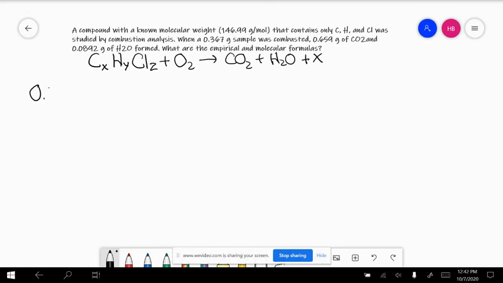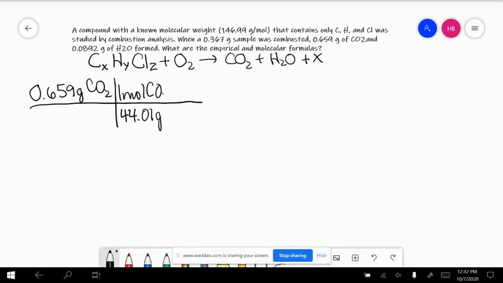We're going to say 0.659 grams of carbon dioxide. Using the molar mass, I'm going to change it to moles of carbon dioxide. And then I'm going to pull the carbon out of there, pull the oxygen away from it, to find out that I have produced 0.0149739 moles of carbon.